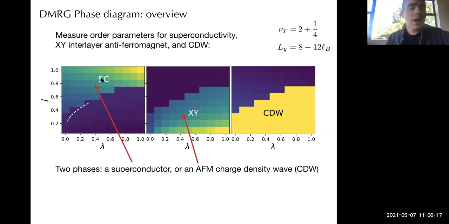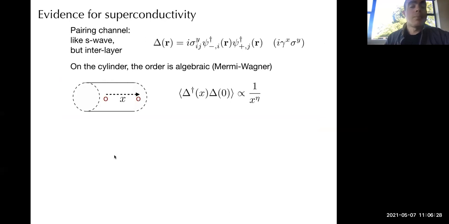Okay, so first I want to convince you that if I just pick a point in the phase diagram here above the critical J, it is in fact a superconductor. So what is the nature of the superconductivity? First, the pairing channel is kind of like S-wave.